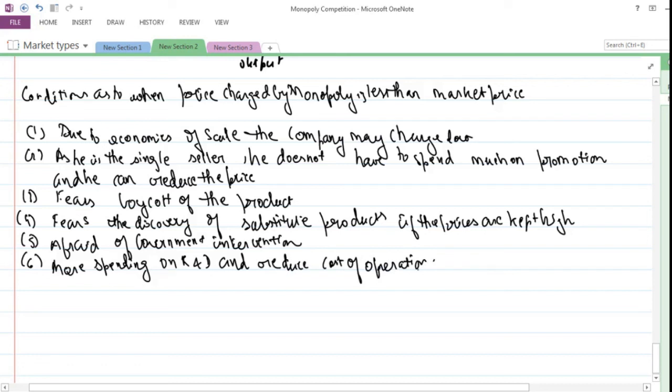And due to this, the cost reduction might be facilitated. So in order to maintain a goodwill among the consumers and to secure good business, instead of charging a high price, a monopolist in the long run might try to lower the prices.